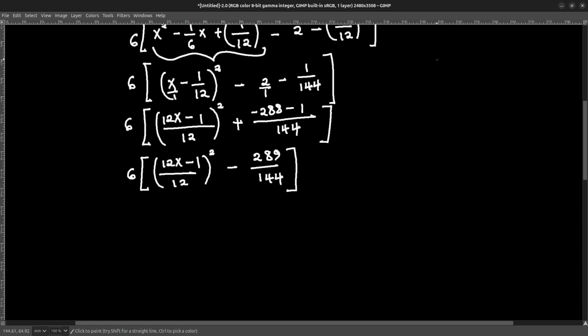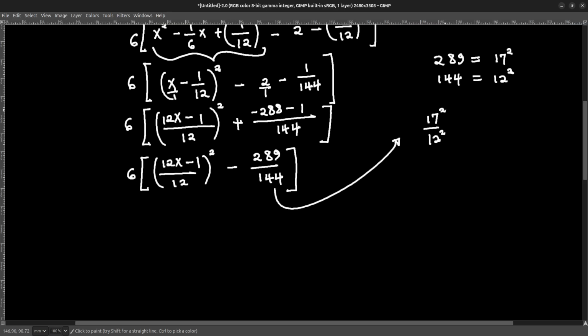Okay, so obviously 289 is the same as 17 squared, and then 144 is the same as 12 squared. So this expression here is the same as 17 out of 12, and both are squared.